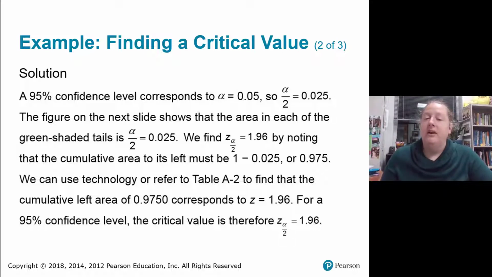And I need that value because remember our normal distribution table gives us z-values with the area to the left of those values. So we have an area of 0.975 that we're looking for in the body of the table, and we're looking for the z-score that corresponds to it. When we find this area of 0.9750 in the body of the table, the z-score that corresponds to it is 1.96.